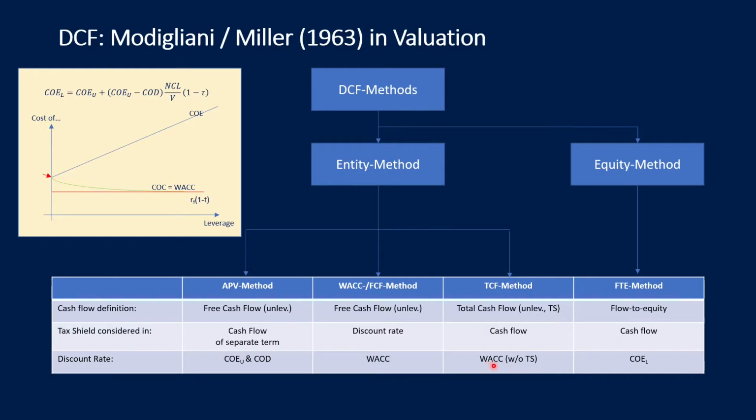The equity method is based on the flow to equity, which is the cash flow that is generated and distributable to the shareholders. So of course, the tax shield is considered in there because it's an equity method. And the discount rate is the cost of equity of the levered company. So depending on the leverage, we have to pick that discount rate that is applicable here.